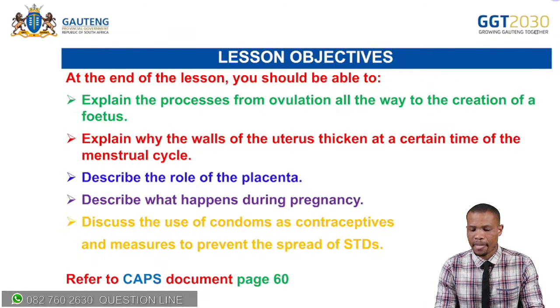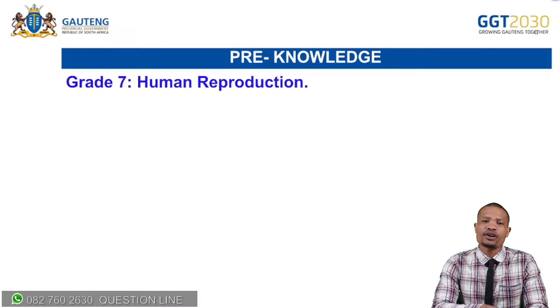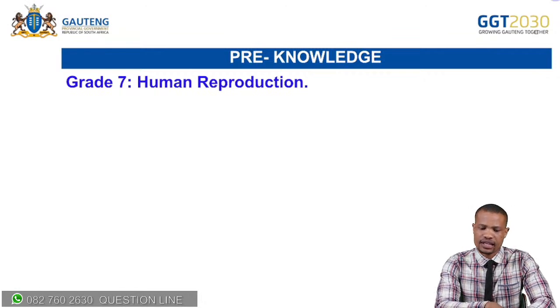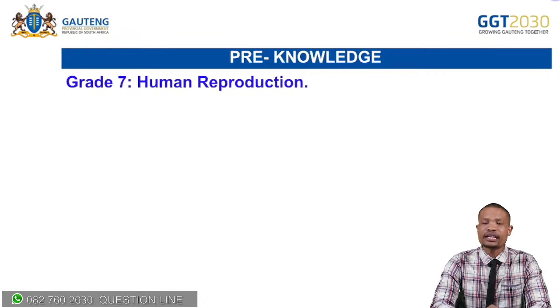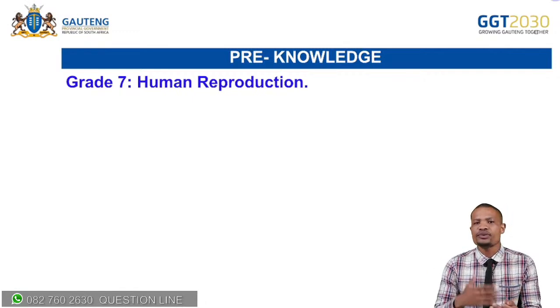Shall we proceed? Right. So now let's take a step back and revisit some of the concepts that we've learned in previous grades because they lay a foundation for today's lesson. So in grade 7, we learned about human reproduction. But what is human reproduction? Human reproduction is a process by which gametes fuse. And by gametes, we are referring to the male and the female sex cells coming together.